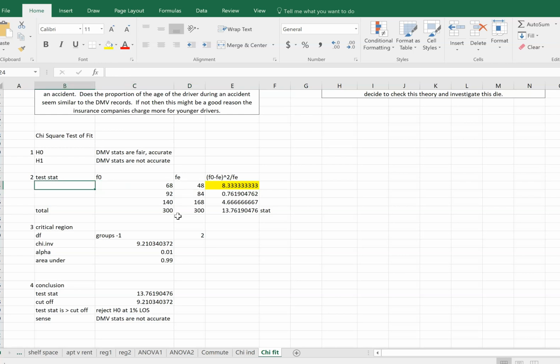That means this comparison right here is what's very unusual in the data. I think the DMV's representation of the drivers under 20 age is what's really off. The other ones are okay, but this one, that's 20 people off. They only expected 48 drivers. I got 68 drivers. That's a big difference according to my sample.